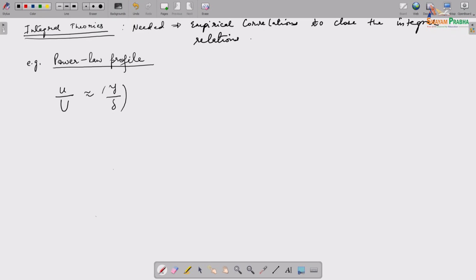y by delta to the power n, where n is equal to (H minus 1) by 2, and H is equal to delta 1 star over theta 11. So we can remind ourselves what this is.